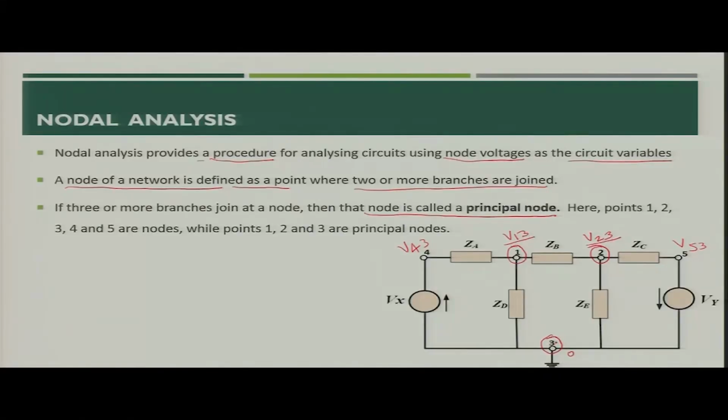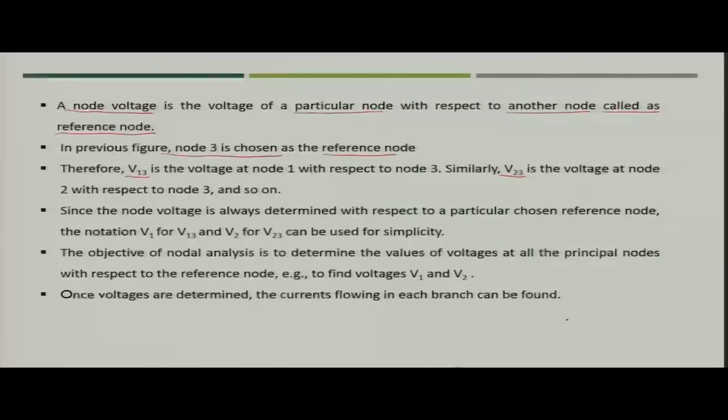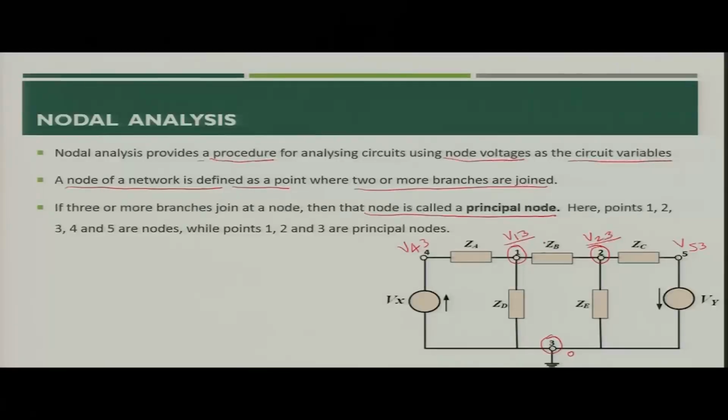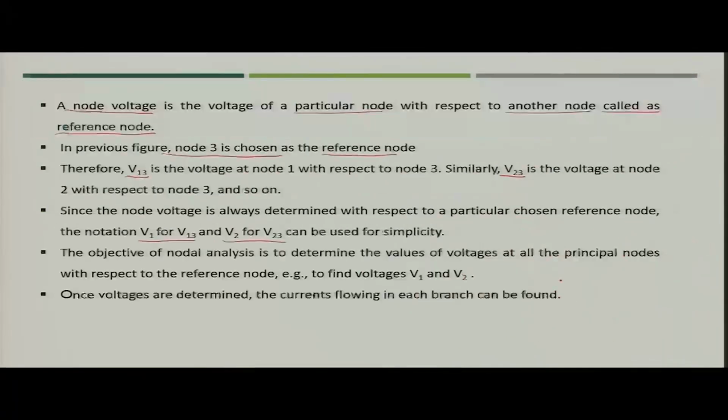Since we know that node 3 is the reference node, for simplicity we can write V1 in place of V1 3 and V2 in place of V2 3, because this is always with reference to the reference node. So V1 and V2 would be the node variables, basically the circuit variables for this particular circuit.